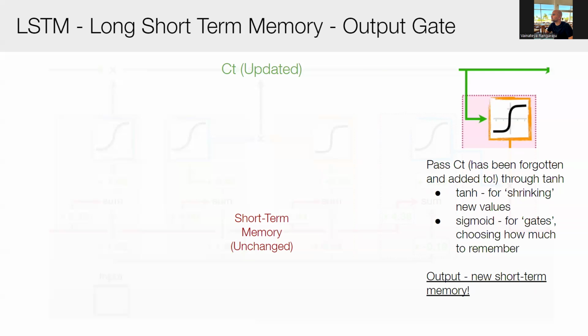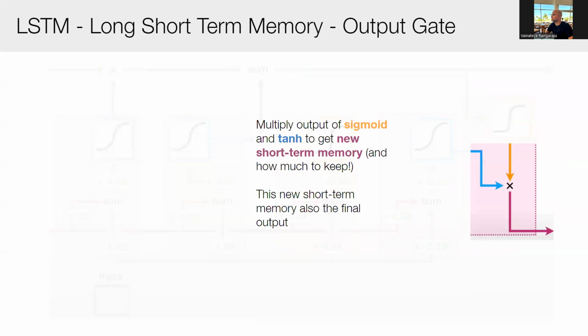And we're using tanh here to shrink values and not sigmoid because this is going to be our new short-term memory. So multiplying the output of the sigmoid and tanh gives a new short-term memory and how much to keep. And this new short-term memory is also the final output.